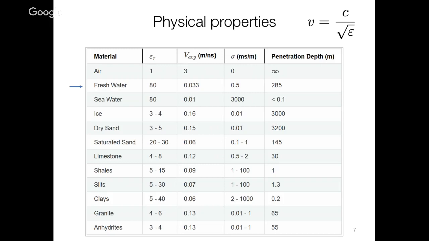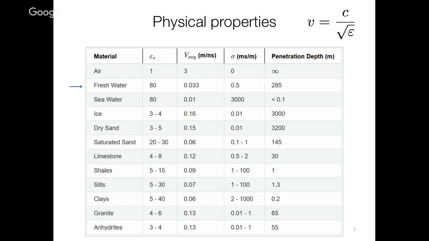We usually take a ratio of the electrical permittivity of something divided by the permittivity of free air, and that gives us epsilon r, which varies between 1 and 80. So air is 1, water is 80, and it doesn't matter whether it's fresh water or salt water. Things like ice have a very low dielectric constant, and all the other rocks are kind of in between.